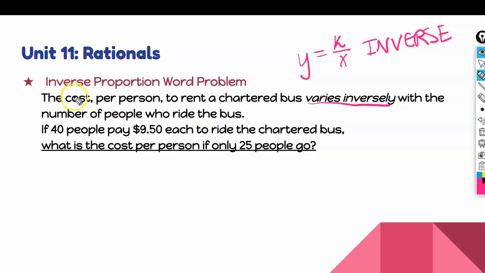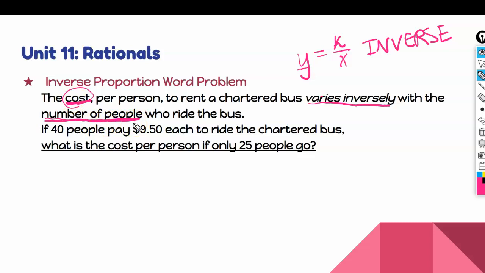Now, here, cost. That first thing they're talking about is going to be the first variable. So in this case, y is going to be my cost. Then the thing that comes after varies inversely is going to be my x, my second variable, number of people.